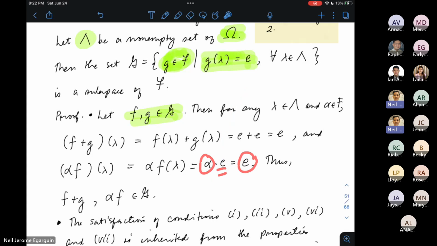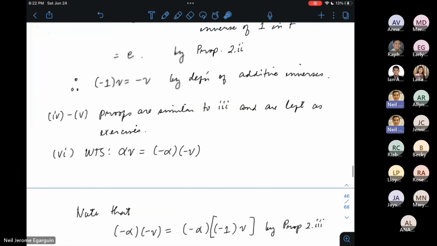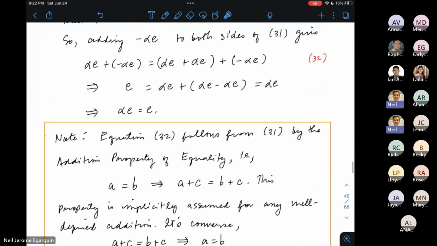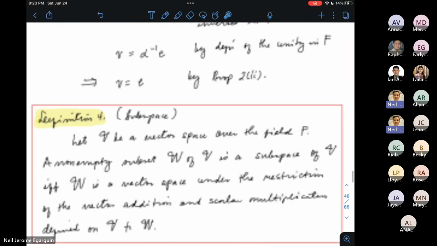Sabi ng proposition, let's see which proposition is that. Proposition 2.2. Scalar times 0 vector equals 0 vector, right? So that's what was used here.